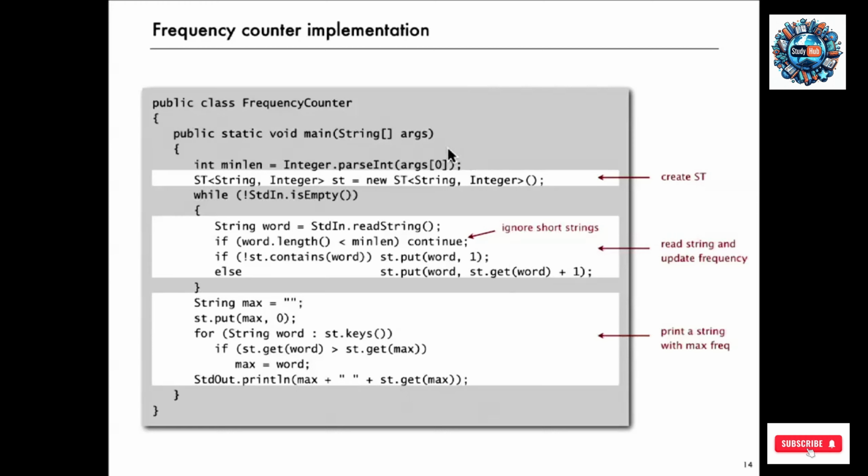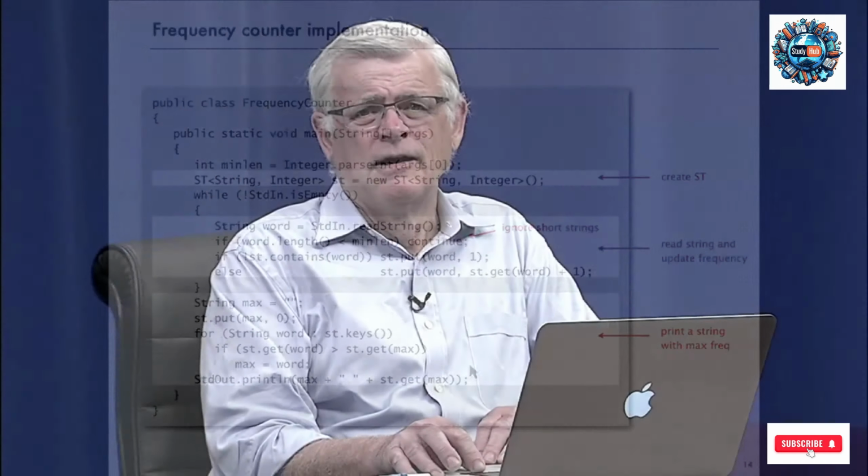So this is a useful and non-trivial client that's enabled by symbol tables. But it won't work well unless we have an efficient symbol table implementation. And we'll use this client to compare different symbol table implementations. So that's the symbol table API, and next we'll take a look at implementations.